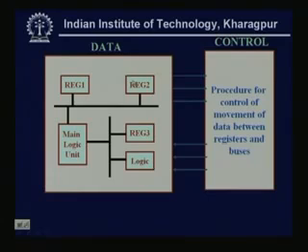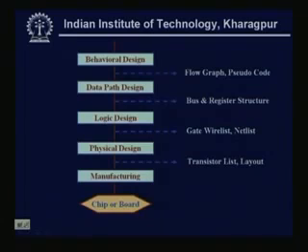We can think of these as storage. There are several storages and some interconnections. This is my main logic unit, and these are connected with the procedure for control of movement of data between registers and buses, these are my control unit. So, this is the data path design, or what we call the bus and register structure.